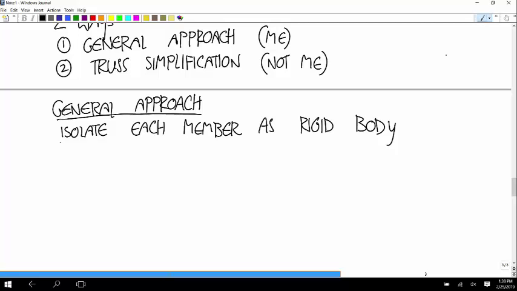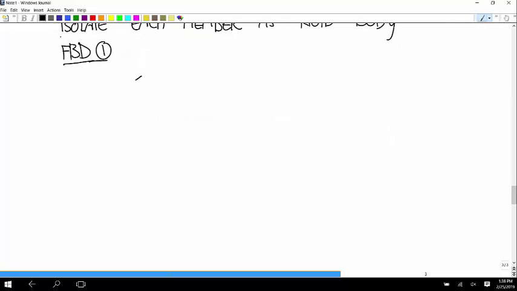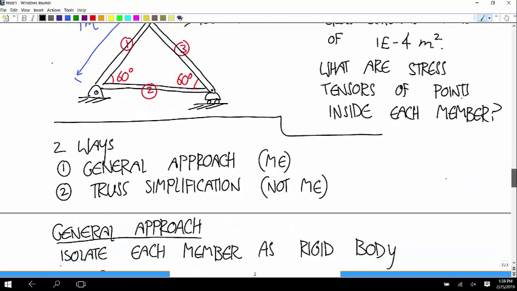And so, free body diagram of member one. Is this going to come up in this? I suppose it is.